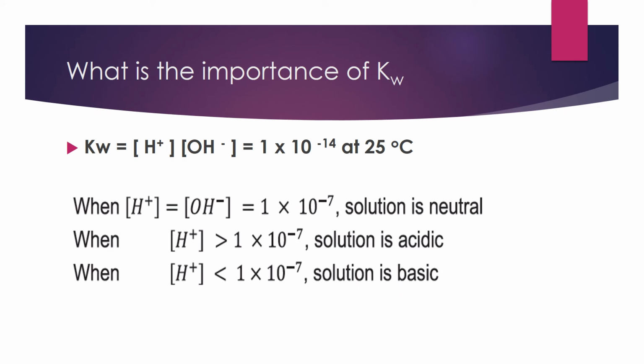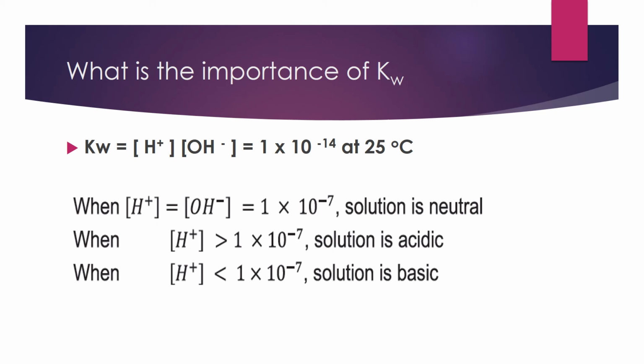Why is this Kw value important for us? What is the application of this Kw value? As you know, this ionization constant is equal to the product of the hydrogen ion concentration and hydroxide ion concentration, which is 1 into 10 raised to the power minus 14.